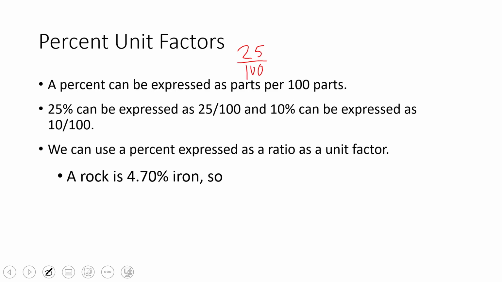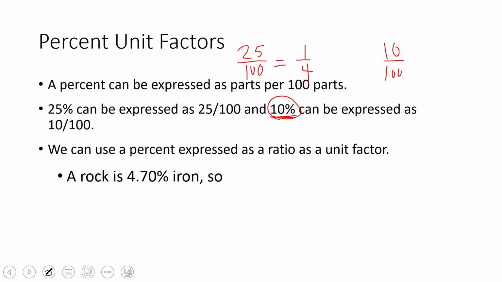And then we know that this could be reduced down to 1/4, right? 10% can be written as 10 over 100. We know that this can be reduced, but we can take percents and write them as parts over 100.